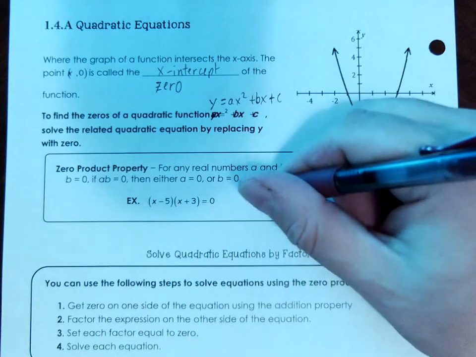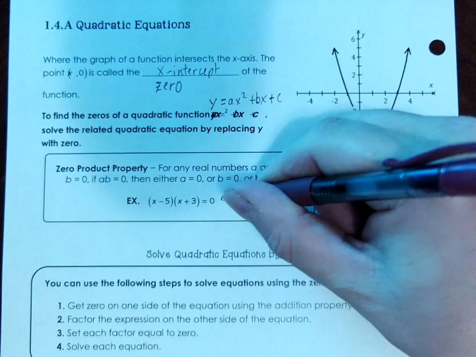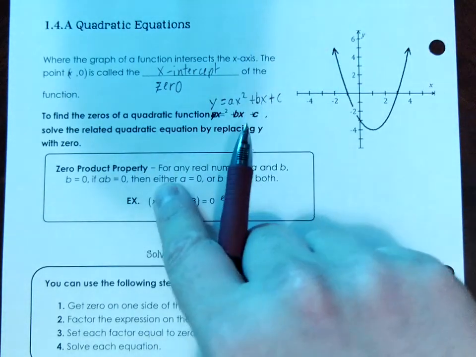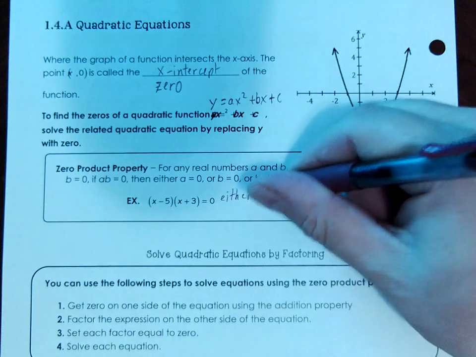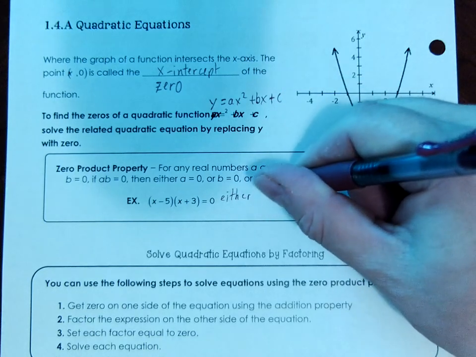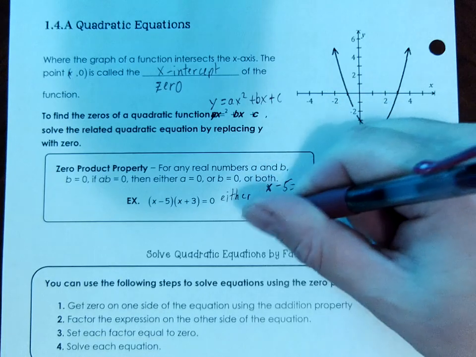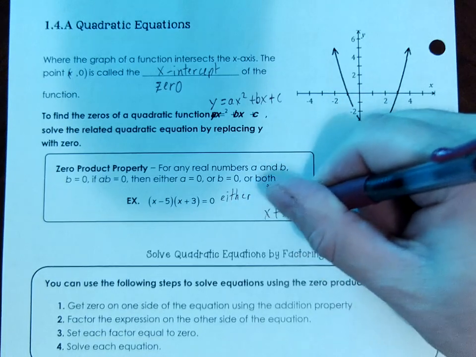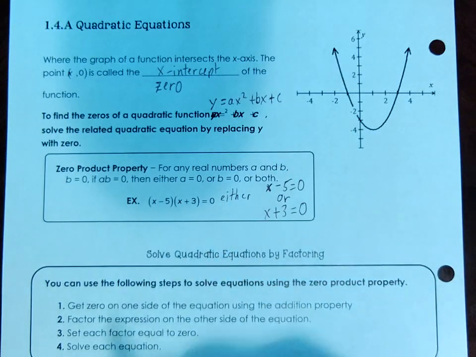So either a is 0 or b is 0. So either x minus 5 equals 0, or x plus 3 equals 0.